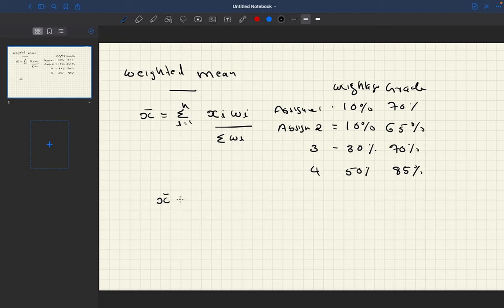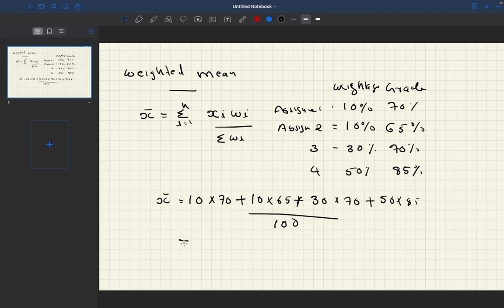Now see how we can calculate this weighted mean. That is x bar, which is equal to x of i into w of i. So that is equal to 10 into 70 plus 10 into 65 plus 30 into 70 plus 50 into 85, divided by the total sum of weights, which is 100.